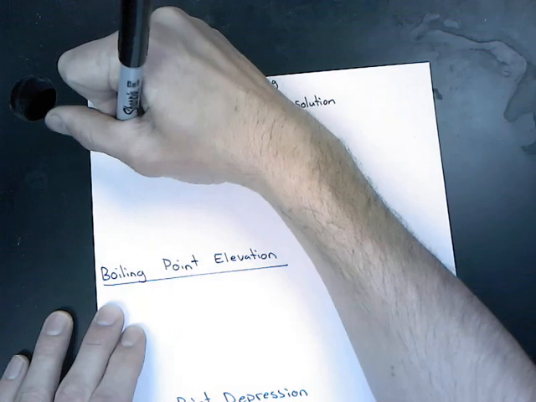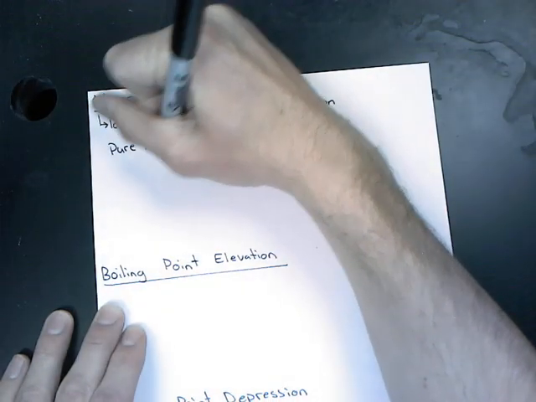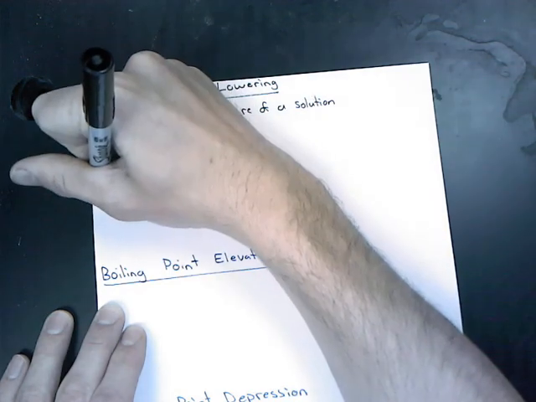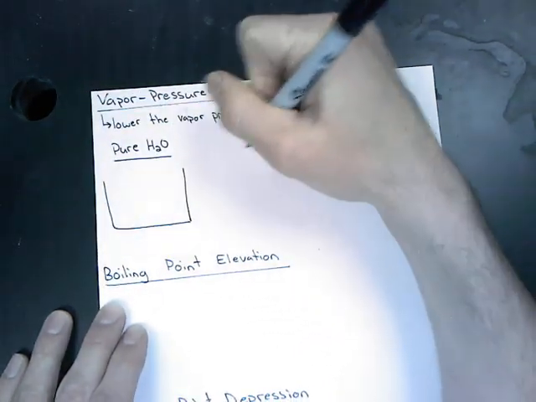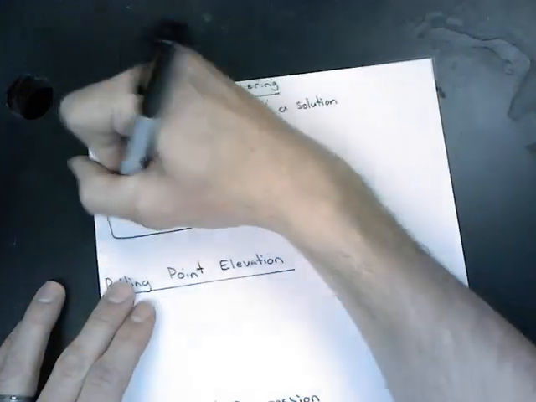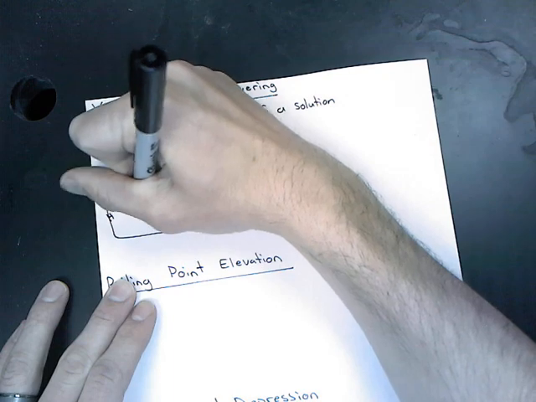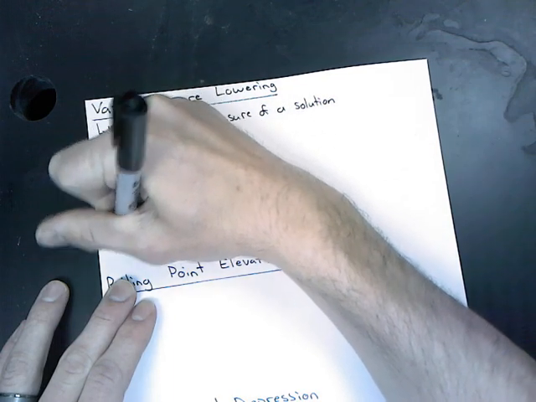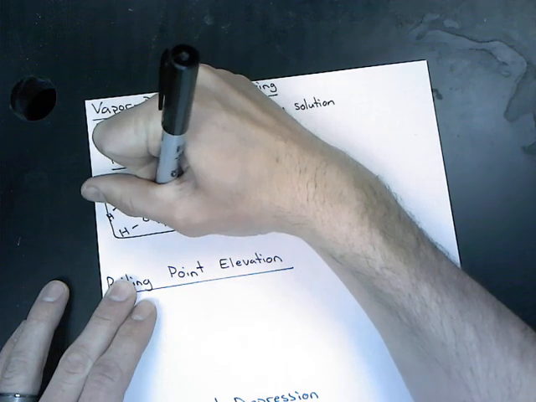We're going to start out with pure water or pure H2O, and I'm going to draw a beaker. So in this beaker of H2O, we are going to have several water molecules in this scenario.